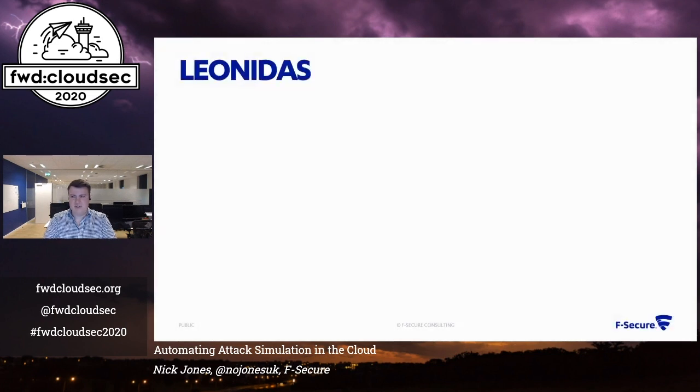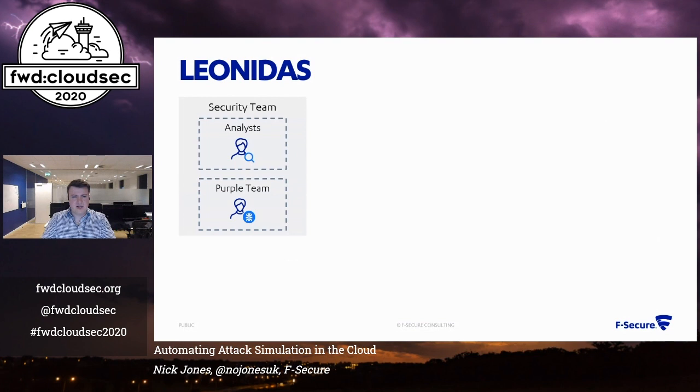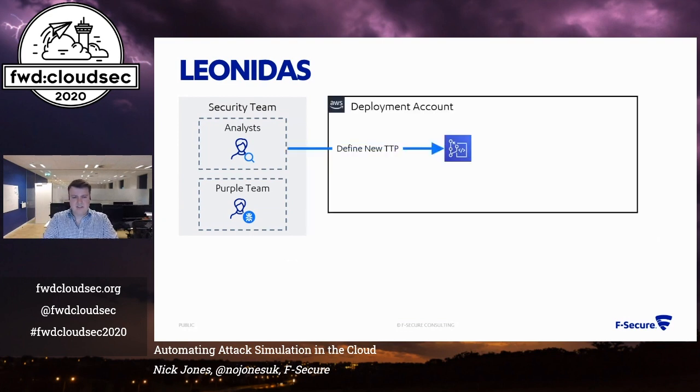So Leonidas is essentially a platform for defining and executing test cases in this space, along with defining the detection cases for it, the IOCs you'd look for. So let's say we've got a security team in an organization, we've got some analysts, we've got some red teamers, purple teamers who are going to be working on this as well. So an analyst gets onto his Twitter feed that morning and learns about a new cloud TTP that's relevant to their environment.